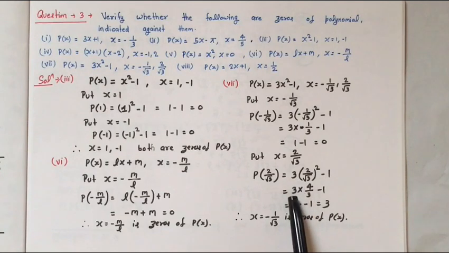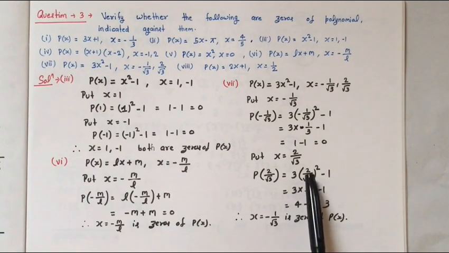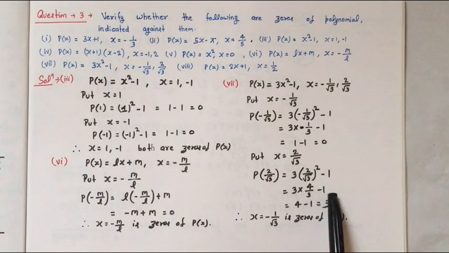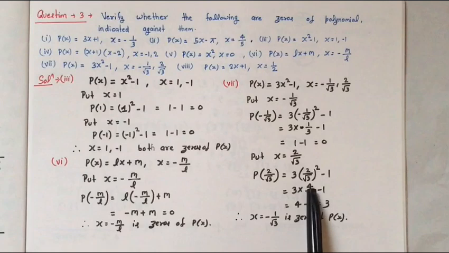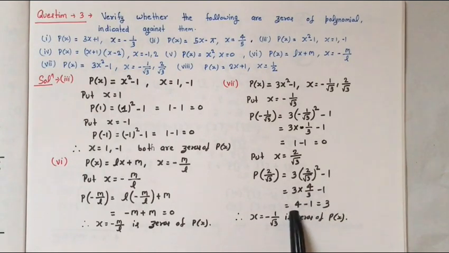This is 3 multiplied by, the square of 2 is 4, and the square of root 3 is what? 3. Okay, and in the last it is minus 1. You can cancel this 3 by this 3, and the thing that remains is 4 minus 1, and 4 minus 1 is what? 3, and 3 is not a 0, you know it very well. So you can say that 2 by root 3 is not a zero of this given polynomial.